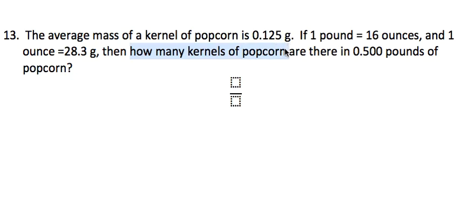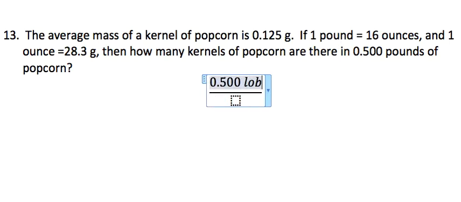That's the question. So I'm going to be in kernels when I'm done with this. And now you have to ask yourself, well, kernels of popcorn in what? And the answer to that question is 0.5 pounds. So my starting point is 0.500 pounds of popcorn. Okay, notice I put a number, a unit, and a substance there.